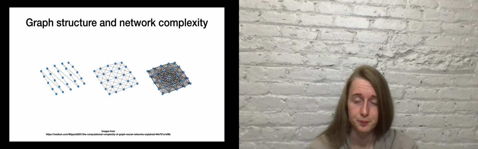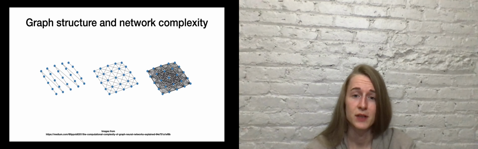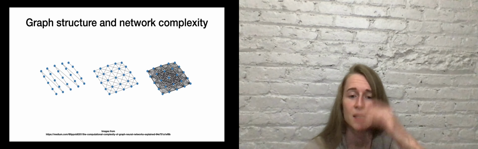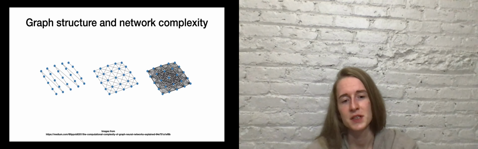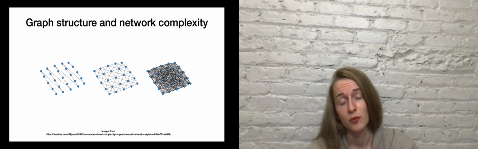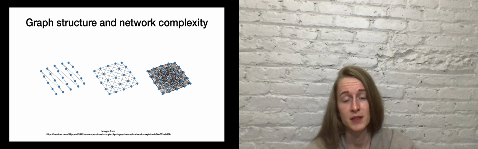But then if you change that and you say, for every node I want to have each of the 3x3 neighbors that I would normally have in an image connected, then you end up with a structure that is much easier to access, and information can progress much faster, but still the complexity is relatively bounded, right?